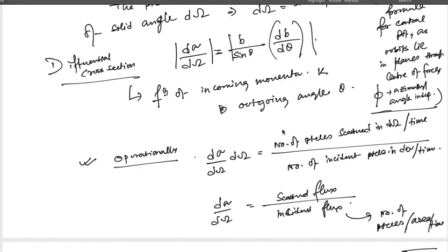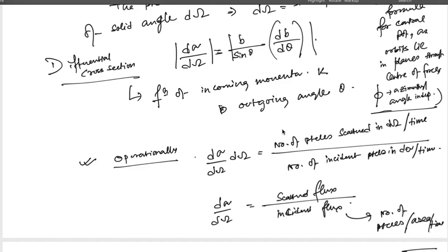When you have an incident beam with a large number of particles, the quantum mechanical probability will tell you, or even thinking classically right now, the probabilities will tell you how many particles can scatter in which direction, at which angle, and you simply reduce that to a counting problem. You count the number of particles over an area over a time and take the ratio, and this will give you the efficiency of the scattering.